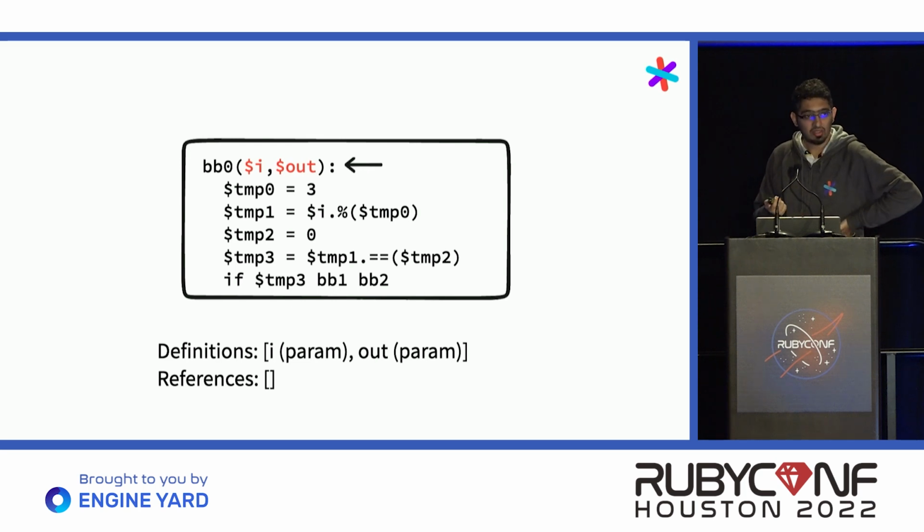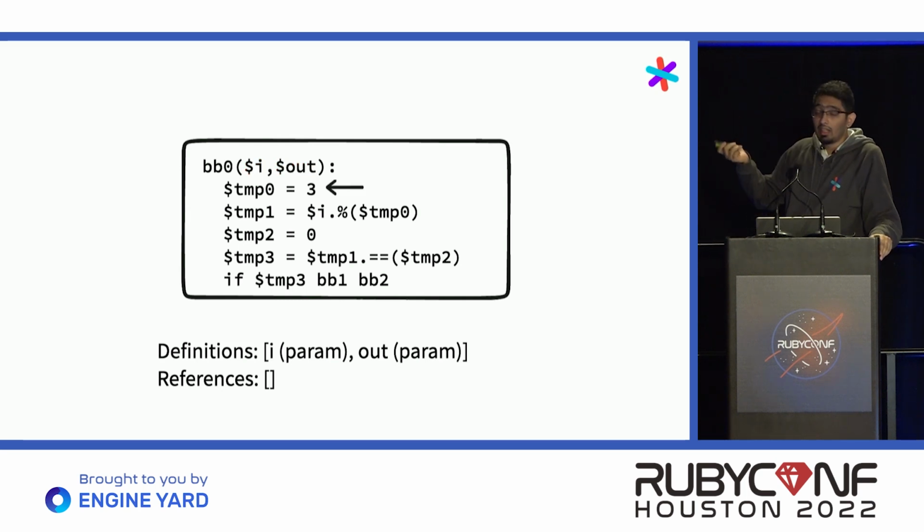We also need to record source locations, so we know the original source location this corresponds to. When you hover over something, we know it was the I parameter or the out parameter. I and out are both named variables, not temporaries, and that's why we need to record them. Then essentially it's a process of iterating over each instruction.